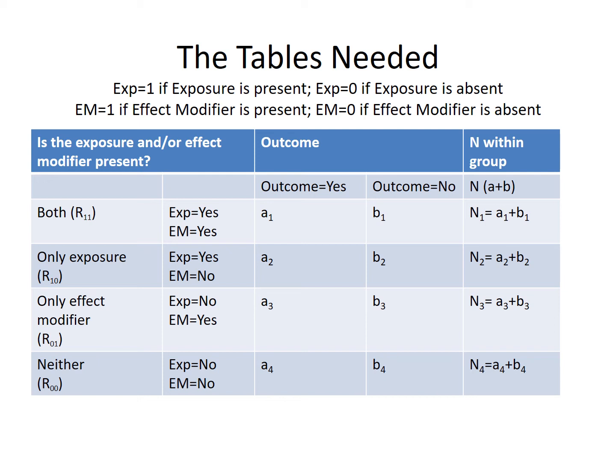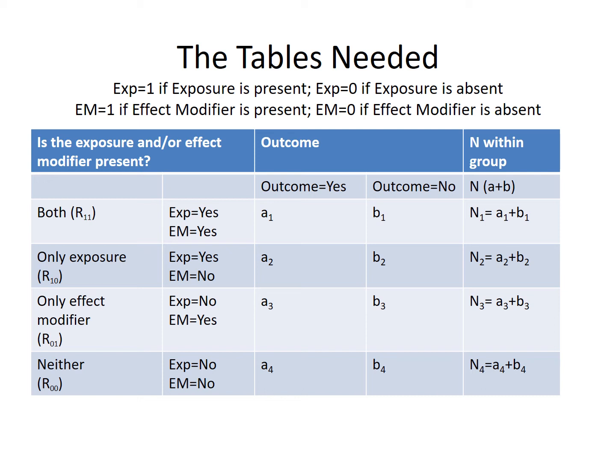And how many of those kids who were urban and bullied before the age of 12 reported being always blue in the past month? So that's your A1 number. With the A1 and the N1, you have the risk in the kids who were both exposed to bullying before the age of 12 and had the effect modifier of urbanicity.